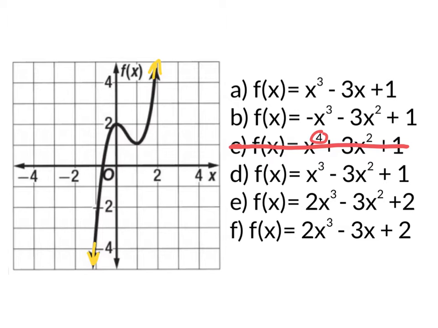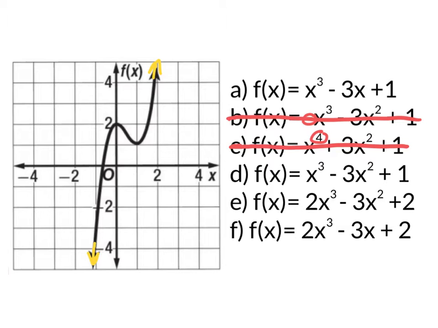So the leading coefficient is positive, which means I can eliminate option B because it has a negative leading coefficient. A negative leading coefficient would give you end behavior in quadrant 2 and quadrant 4, up here and down here. But that's not the case, so it cannot be option B. Let's scratch that out.